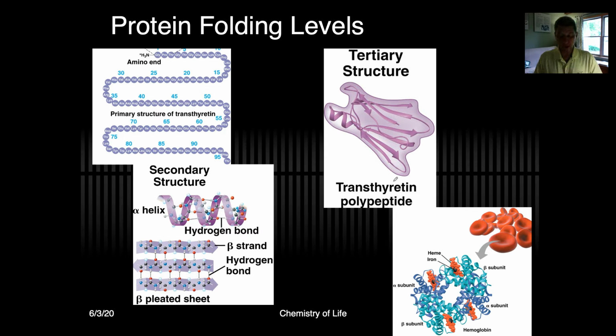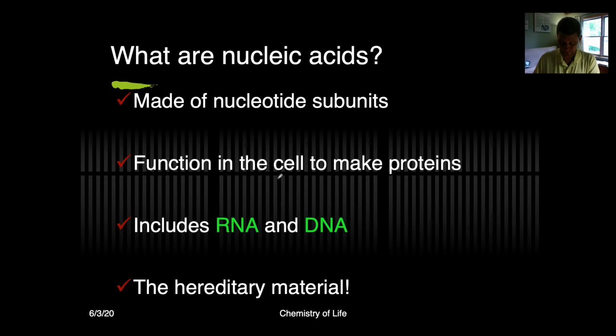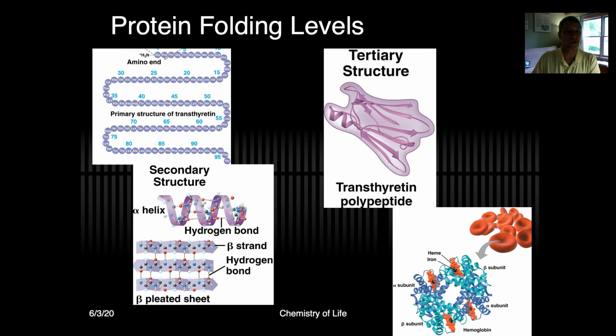Now, proteins are organized at 4 different levels. The first of those levels is simply the amino acid sequence. How are the amino acids arranged? So we start with the amino end, and we've got glycine, proline, threonine, glycine, threonine, glycine, glutamine, serine, and so on. And so the chain of amino acids is built up.